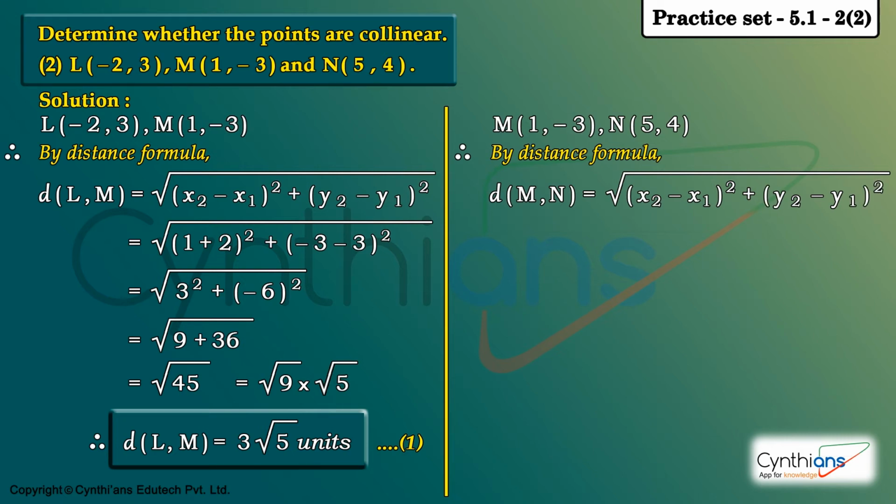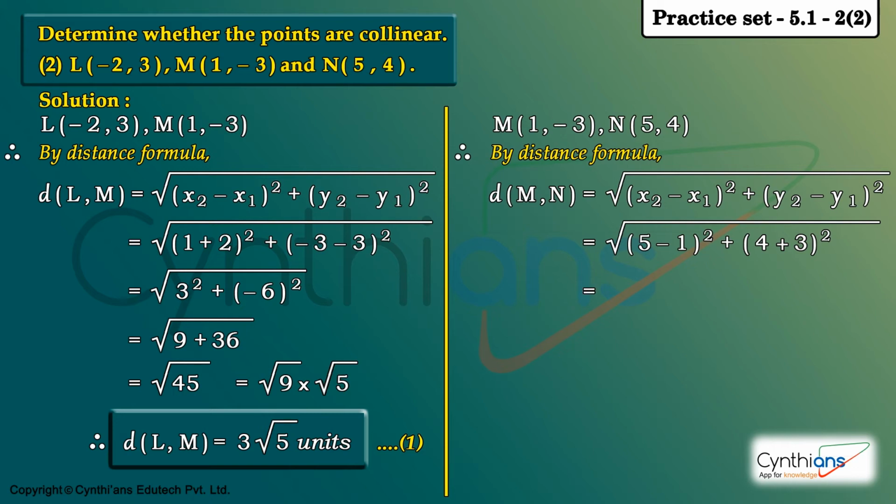Next step, let's substitute the values. Equal to square root of x2 is how much? 5 minus x1 is how much? 1. So this is 5 minus 1 the whole square plus y2 is how much? 4 minus y1 is how much? Minus 3. So this is 4 minus into minus 3 which can also be written as 4 plus 3. So this is 4 plus 3 the whole square.